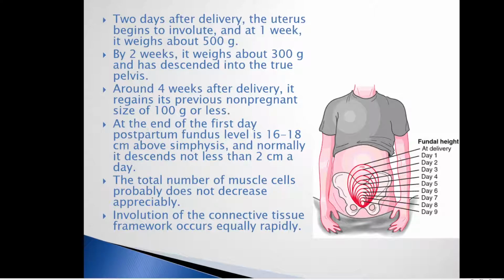The total number of muscle cells probably does not decrease, and the involution of the connective tissue framework occurs equally rapidly. Pay attention: not less than 2 centimeters per day.